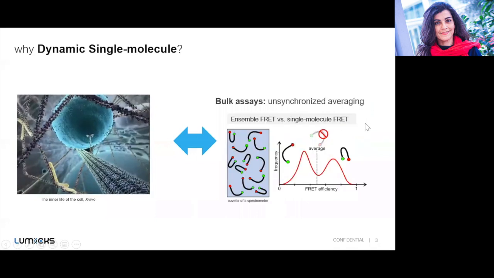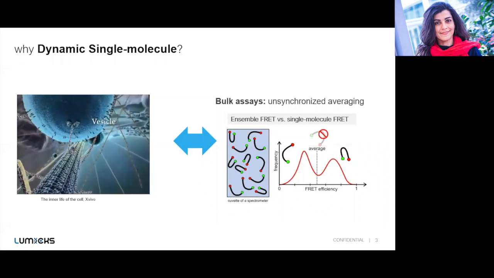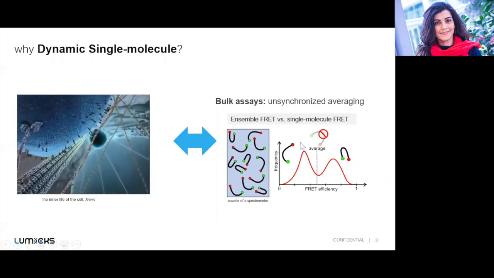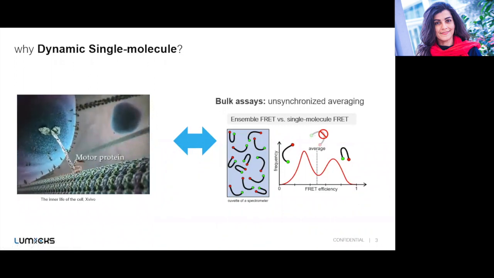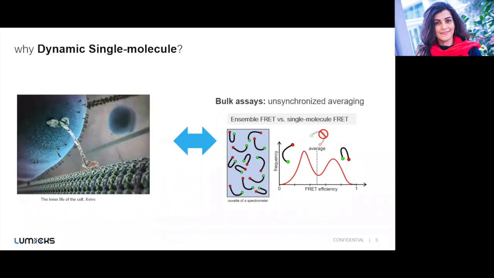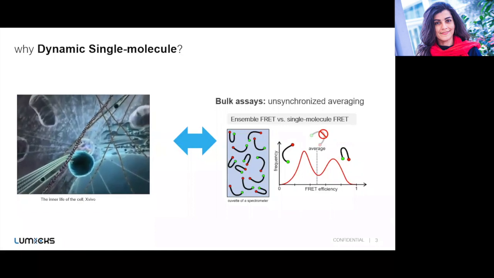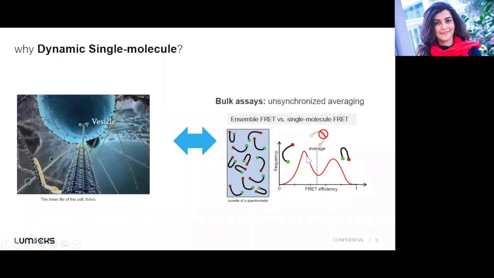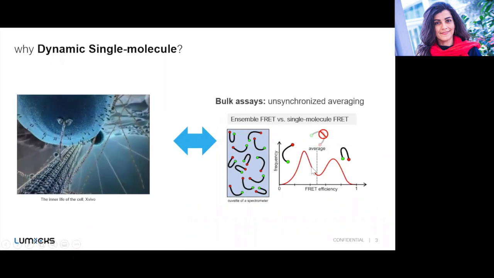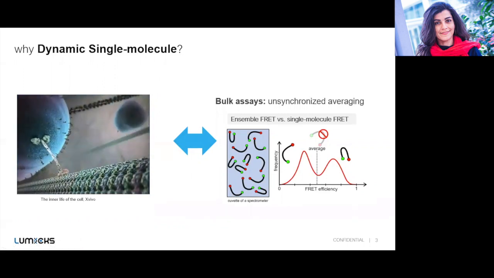On the other hand, bulk assays, like biochemical assays, give us an ensemble average of molecular properties, and they don't give us information about the underlying dynamics of these molecules. But with single molecule studies, we can get information about subpopulations and also, for example, transient events.